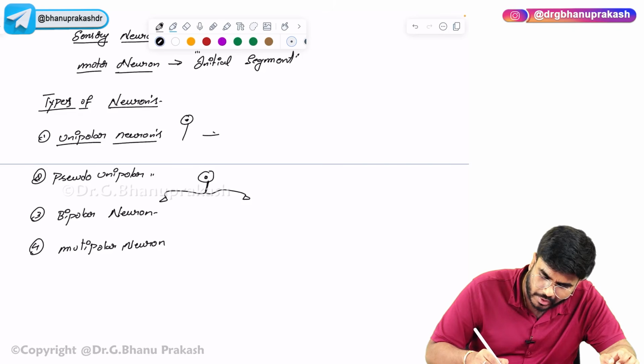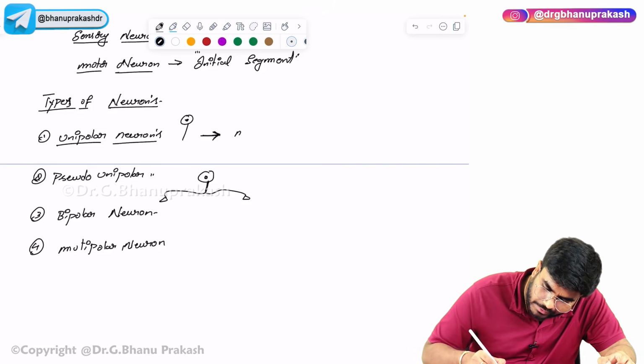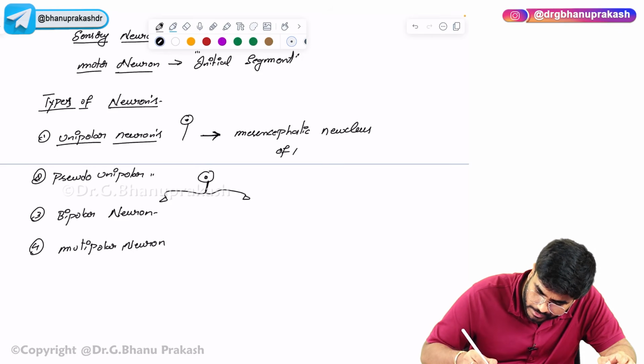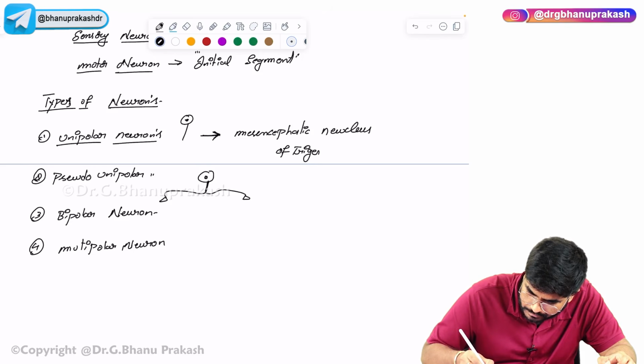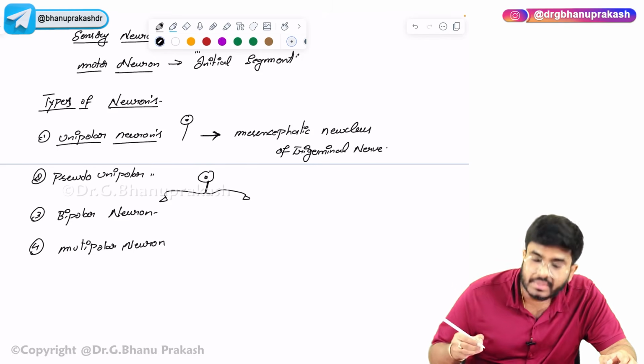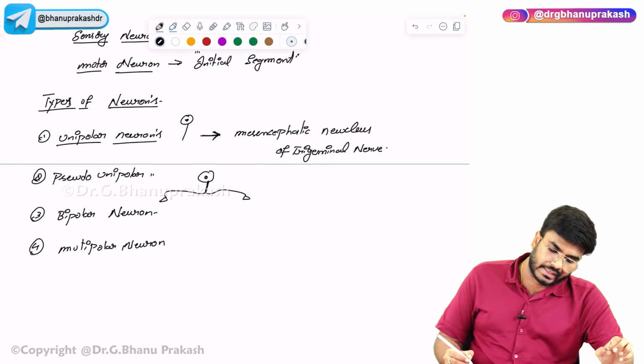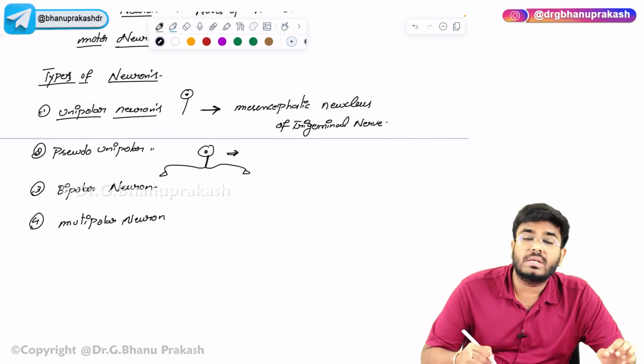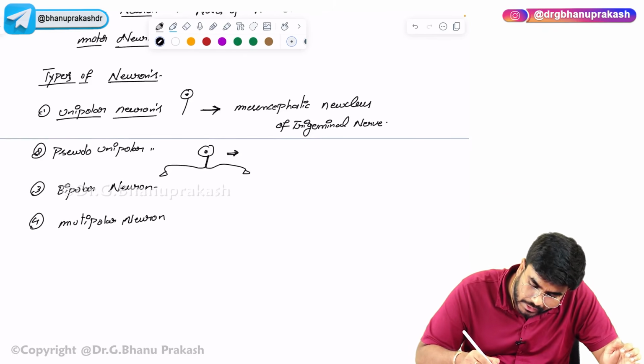Unipolar neurons are usually absent in humans, but if you have to pick one best answer, it's the mesencephalic nucleus of the trigeminal nerve. It contains these unipolar neurons. Pseudo unipolar neurons, where are they present? The pseudo unipolar neurons are present in a region called the dorsal root ganglion.